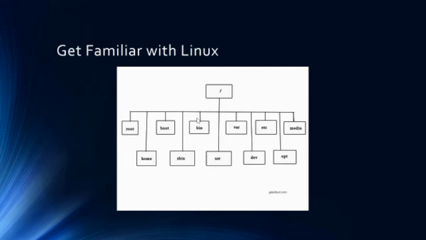So whenever you type something to Linux, it will go to the bin folder, check the files that match the commands you wrote, and execute them accordingly. So if someone accidentally deletes a file from here and then you type the command, it will not be executed. And so on. We have a root, we have a boot folder, we have a home where all your folders will be saved.